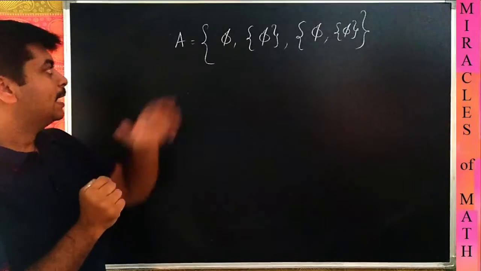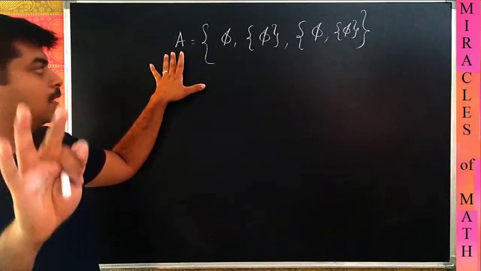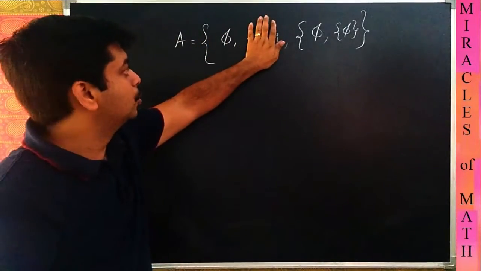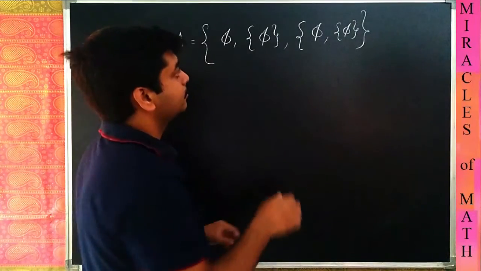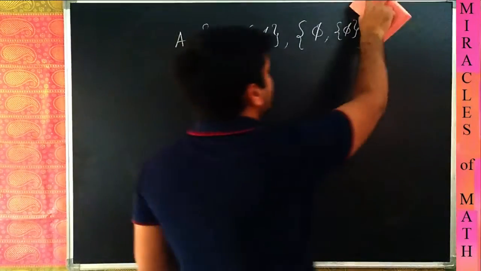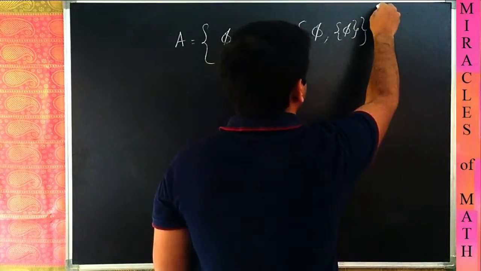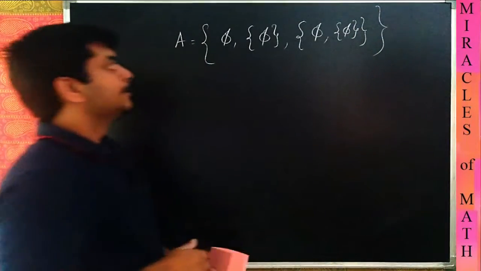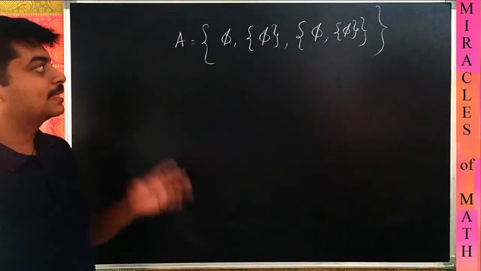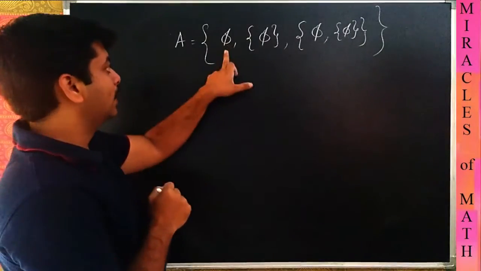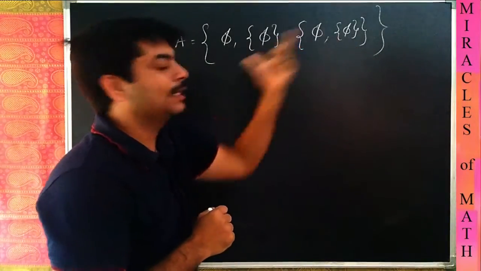Set A has 3 elements: 5, {5}, and this complete thing {5, {5}}, that is 3.